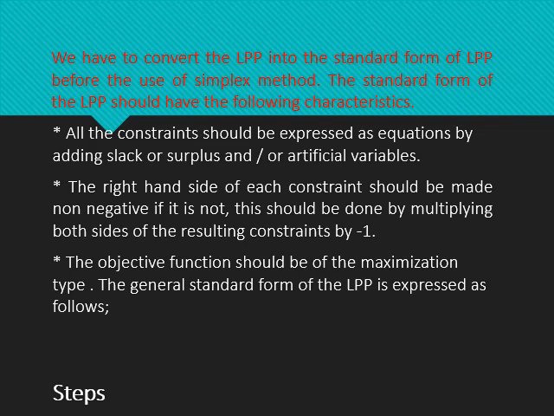So if the constraint type less or equal between brackets maximization, so standard form implies to add slack variable. From the other hand, if the constraints are type more or equal between brackets minimization, we have to subtract the slack variable.